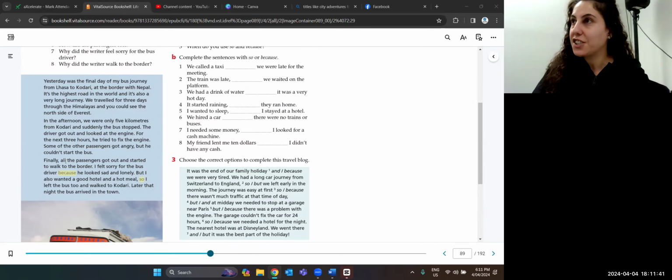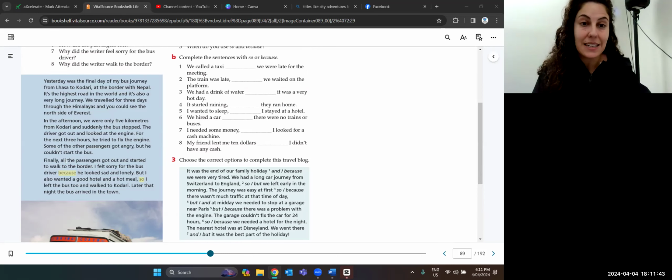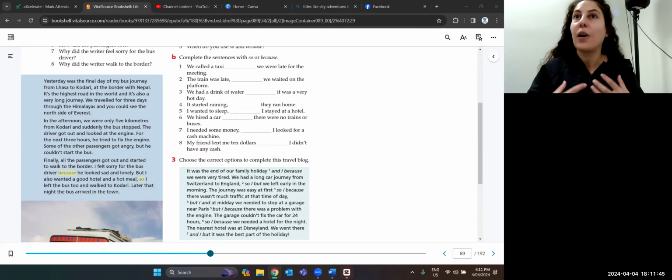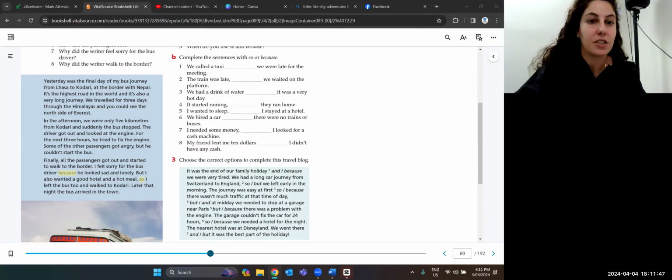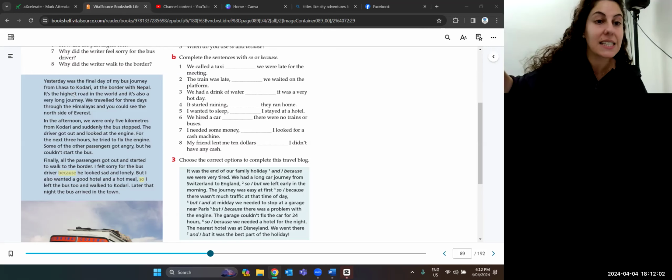So let's have a look at the adjectives, because you remember in the past lessons, we've been using adjectives to describe the trip. So I can see here, we're comparing. It's the highest road in the world. Can you see the adjective high? And then you add est because you're comparing it to many. This is the highest road in the world. Another adjective, long.